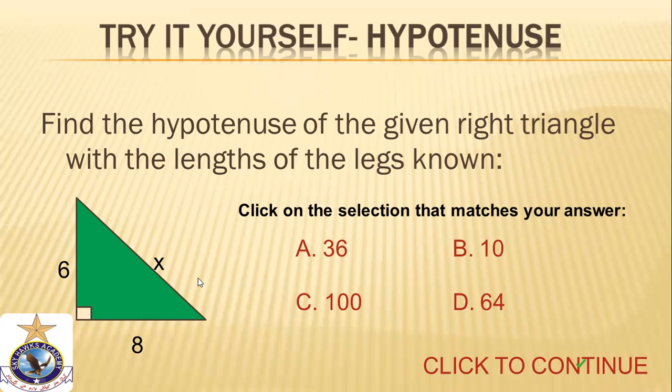So it would be 6 squared plus 8 squared, right? Which one is then your choice? I think it would be B?